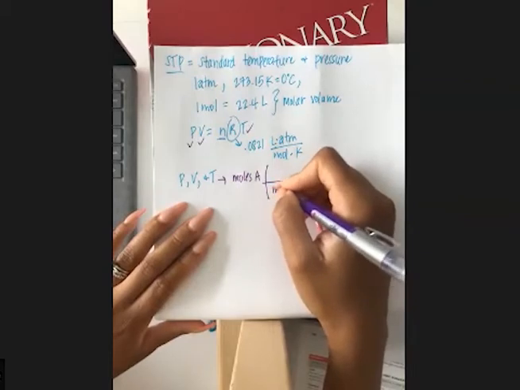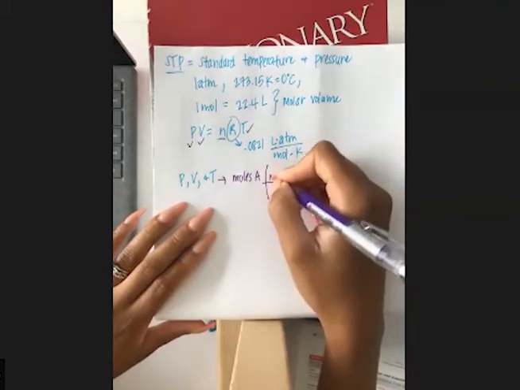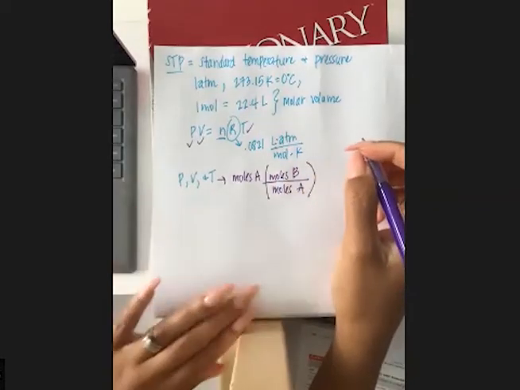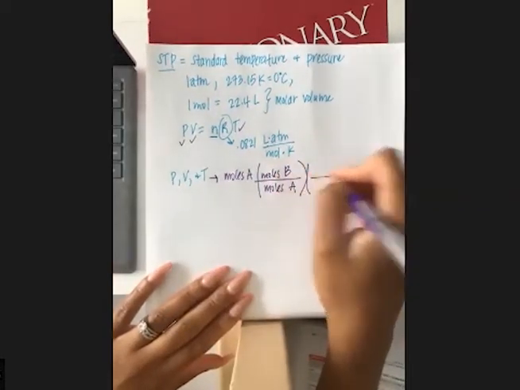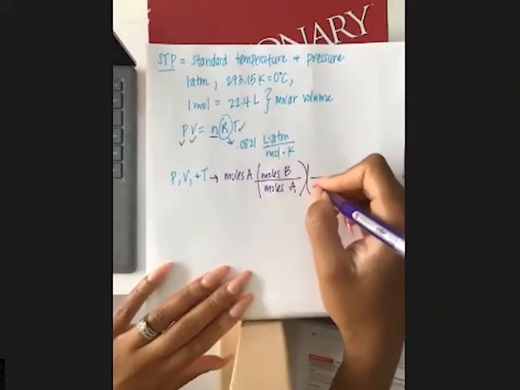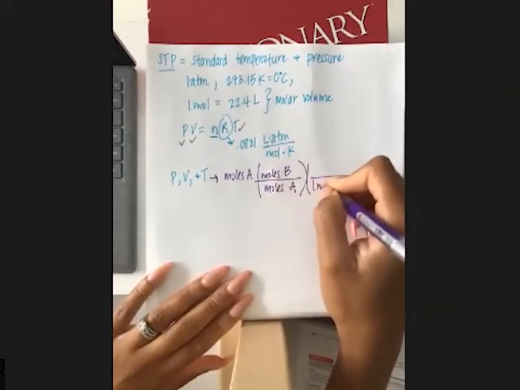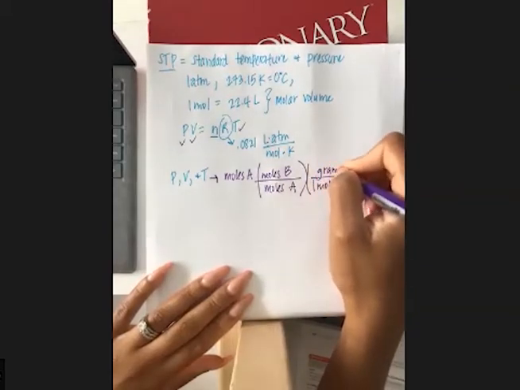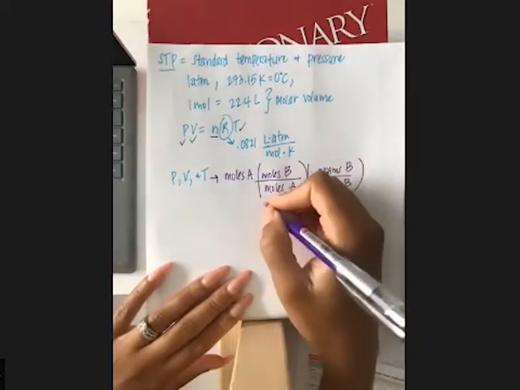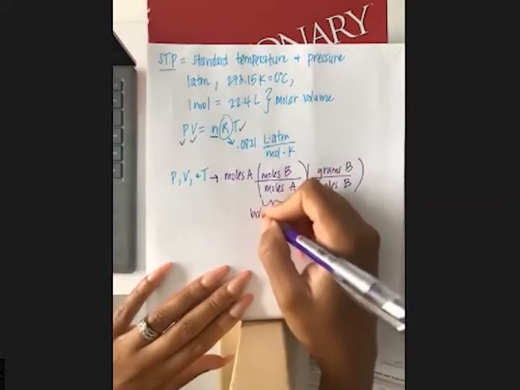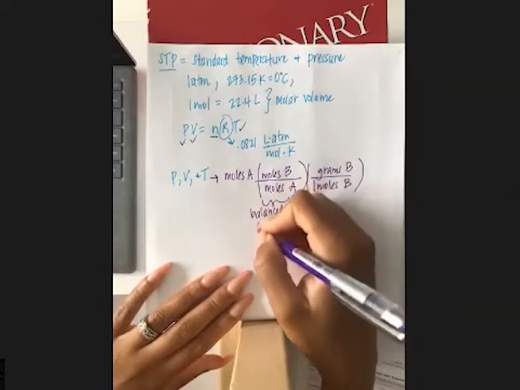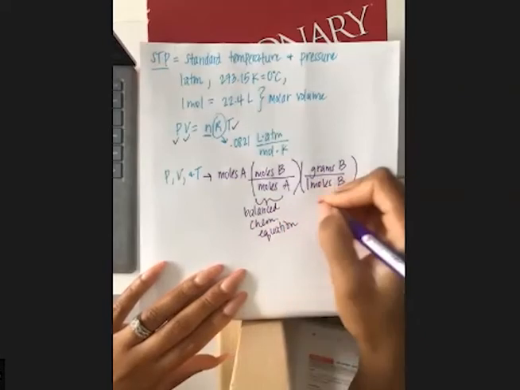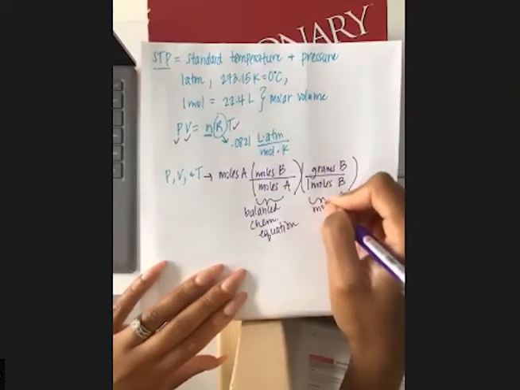Moles of A go at the bottom, moles of B go at the top. And then I can solve for whatever I'm looking for. Sometimes it might be just grams. So I can say moles of B, and on top, I put the grams of B, which comes from the balanced chemical equation, and then this is the molar mass of B.